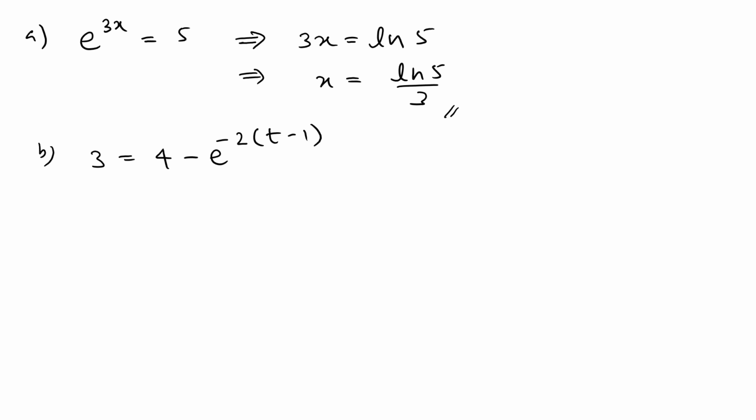If you subtract 4 from both sides, you can see that negative 1 equal negative e to the negative 2 t minus 1. And then we can multiply by negative 1 or divide by negative 1, then you're going to get 1 equal e to the negative 2 t minus 1.